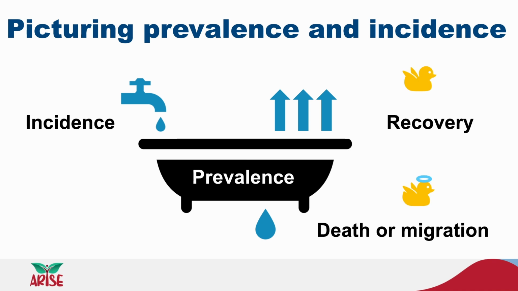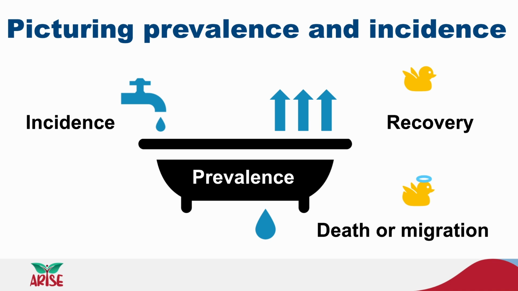Looking at this image, you can see that prevalence depends on incidence and the duration of the condition until recovery or death. And sometimes prevalence is also affected by migration.